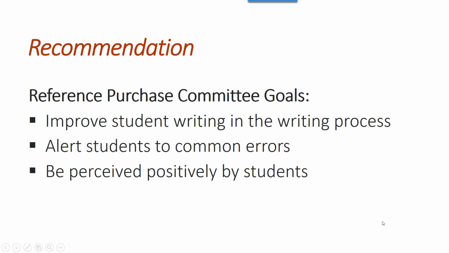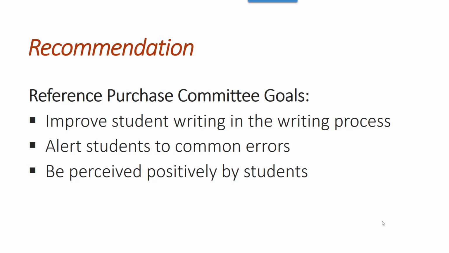So when I get to the recommendation part of that one page, one of the things I'm looking for in that final statement, and this is something that is important all the time, is, again, get back to your audience's goals. Why are they looking at this paper? Why are they looking at whatever you've given them? And in this case, your purchase committee, they're executives at UT Dallas, and they are trying to improve student writing in the writing process.